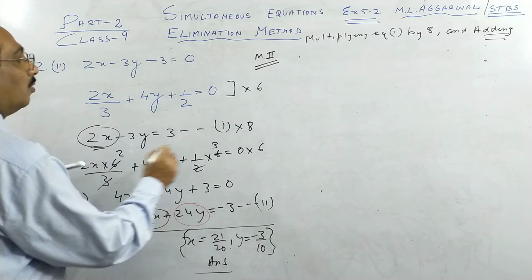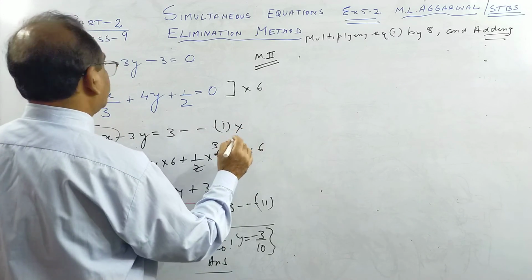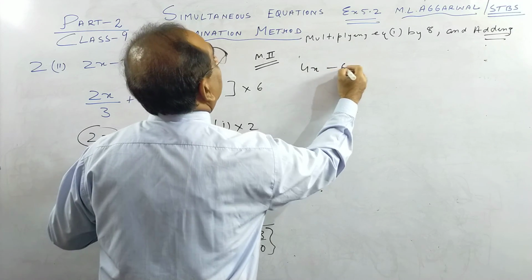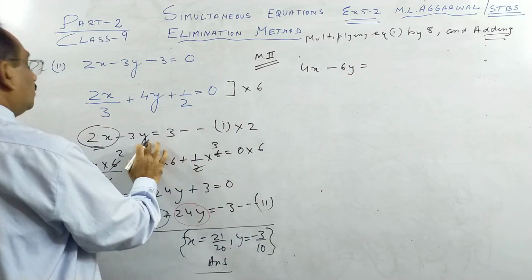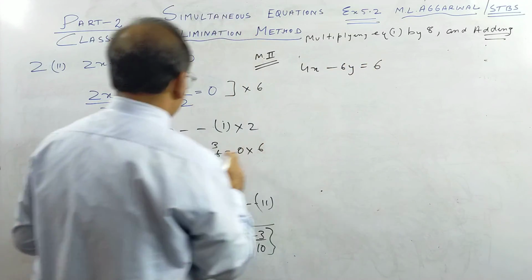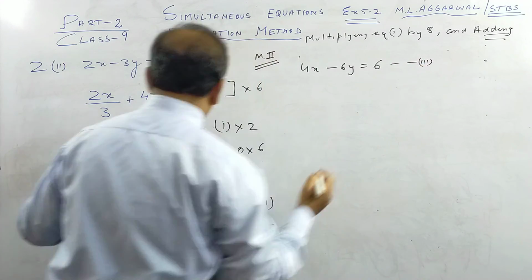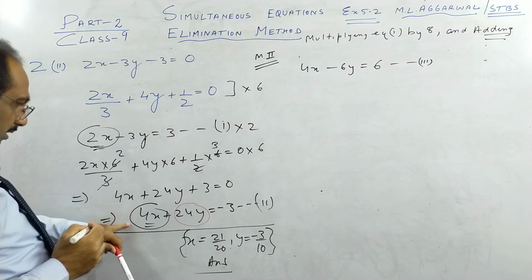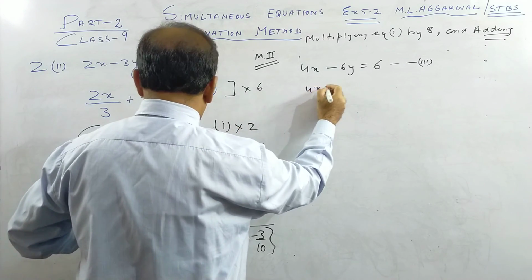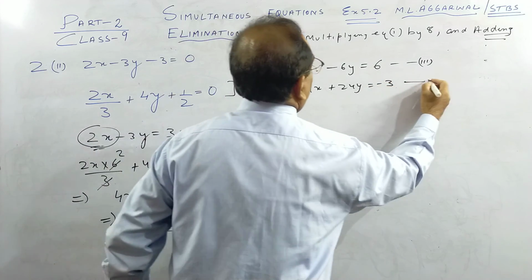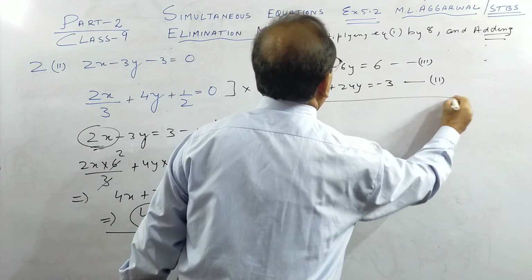So multiply equation 1 by 2. See what we get, 4x minus 6y is equal to 2 times 3 is 6. So my equation 1 becomes this. Then from here you subtract equation 2, 4x plus 24y is minus 3. So I subtract equation 2.